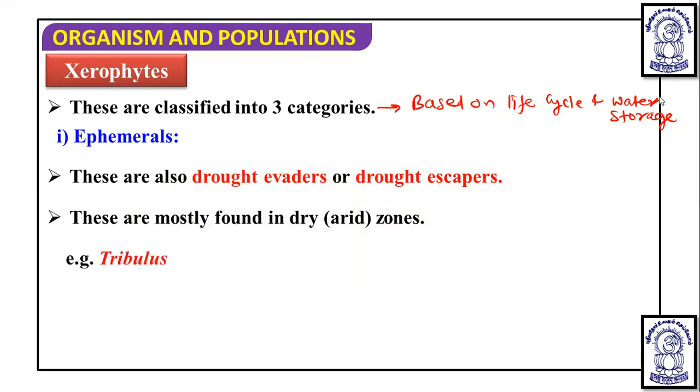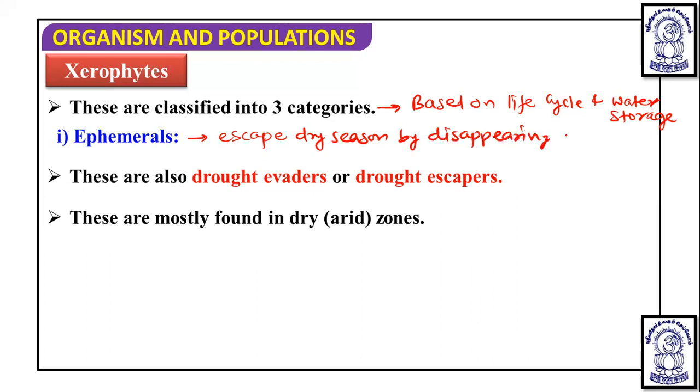So the ephemerals are known to escape the dry season by disappearing and leaving their seeds.